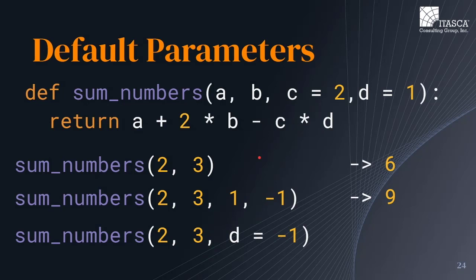Finally, if you only want to use the default value for a certain number of the variables, you can also specify when calling a function the specific value that you want for a specific parameter. To do that, you state the name of the parameter, in this case D, equals the value which you want to set for it.